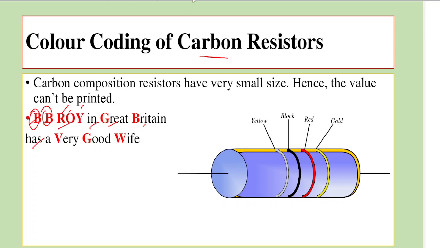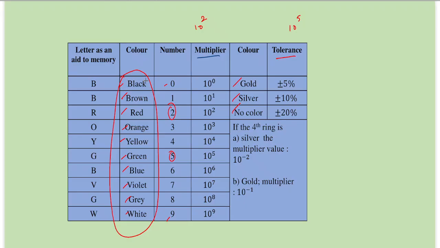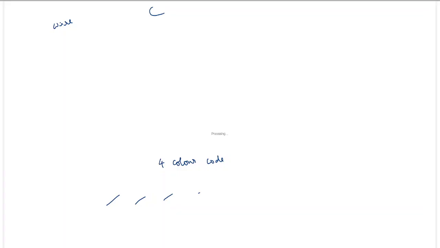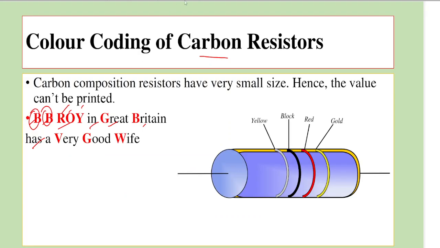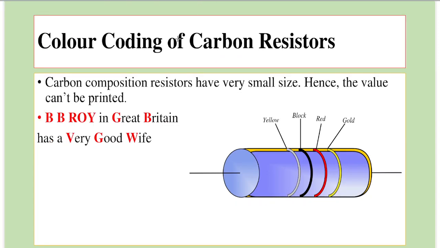If you go back and look, the first B was black, and the second B is brown. So what we read is B.B. Roy of Great Britain has a very good wife. So the colors' numbers are 0, 1, 2, 3, 4, 5, 6, 7, 8, 9. Remember this, it becomes easy to understand the colors.